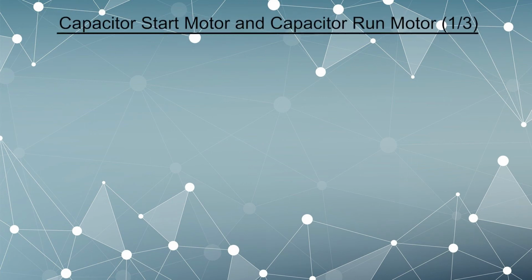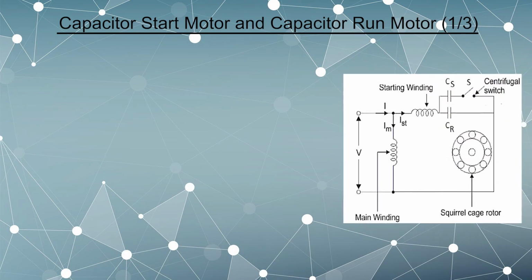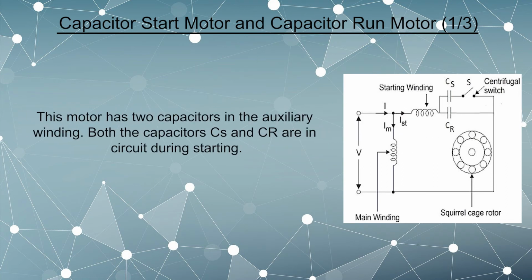When there is a capacitor in the start motor and there is also a capacitor during running, it is defined as a capacitor start and capacitor run motor. This motor has two capacitors in the auxiliary winding.